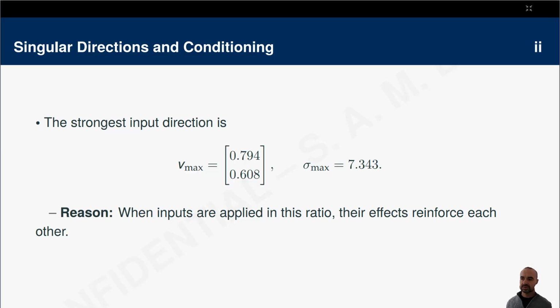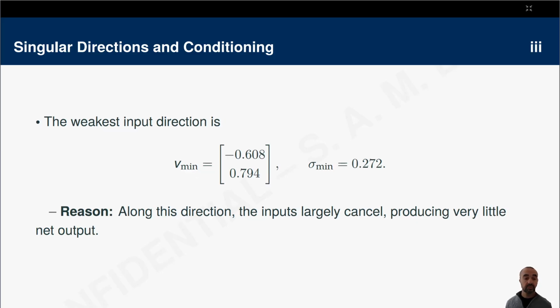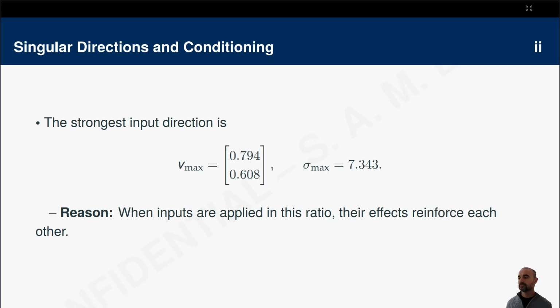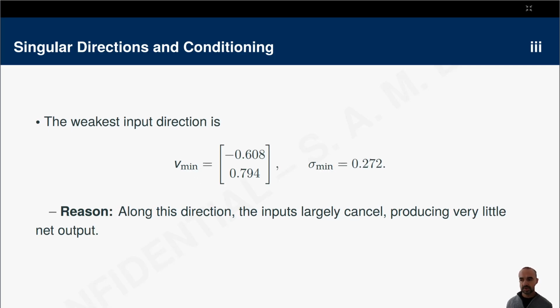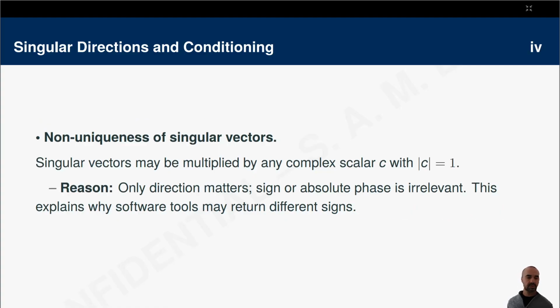If you think about these two inputs, along a direction which points roughly opposite to the first one, we have the minimum output. Since both inputs influence both outputs, the system is interactive.